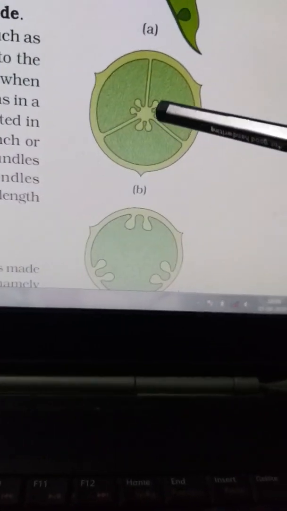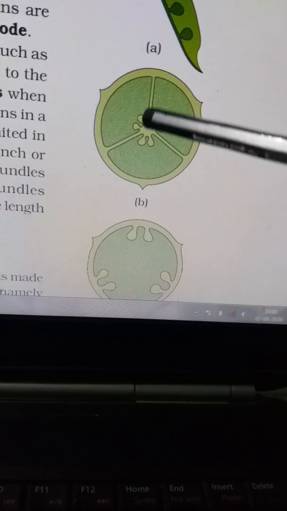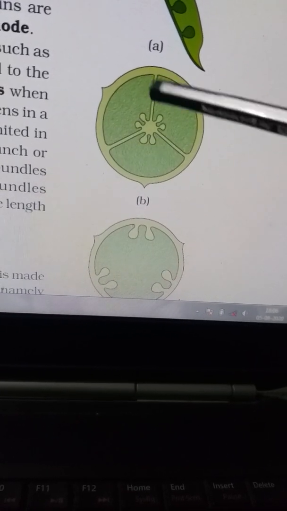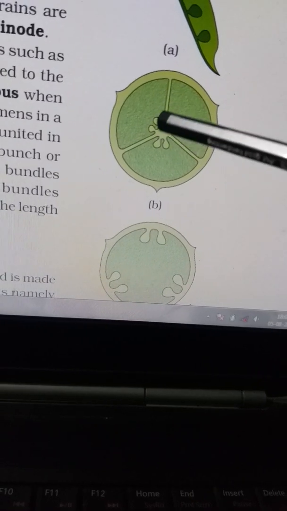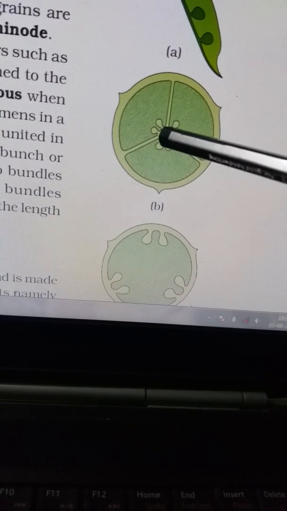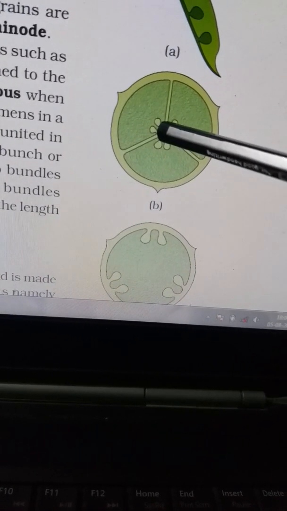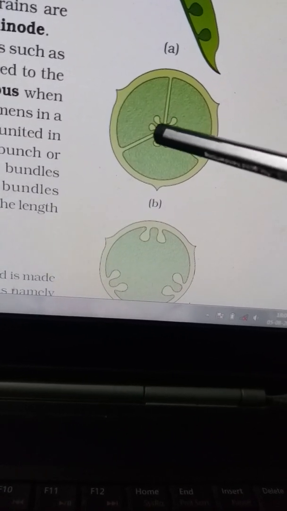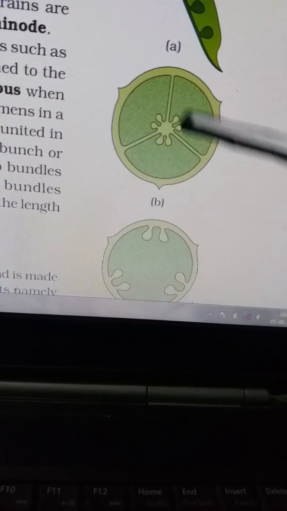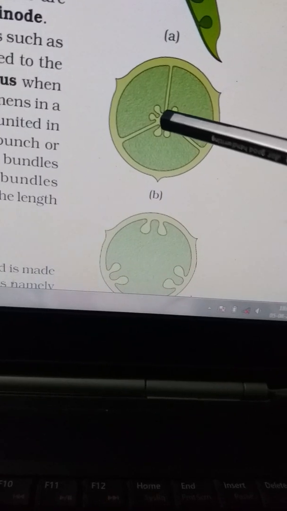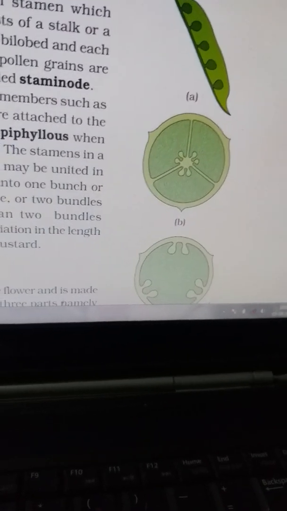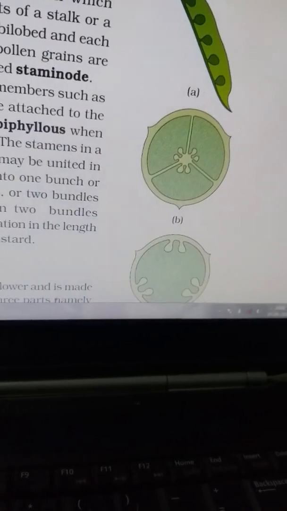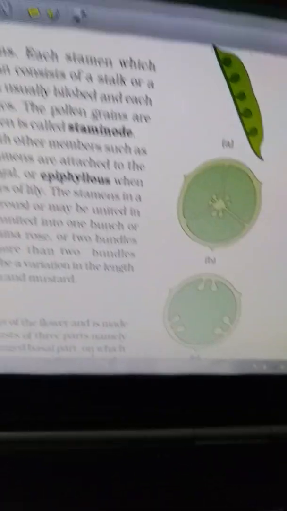Now here you see, this is one chamber, this is another chamber, and this is the third chamber. Here you find it in lemon. So this is the axis. Within the axis, the ovules are attached, but they are separated by a septum. So this is known as axile placentation.